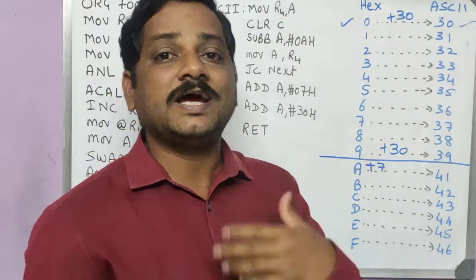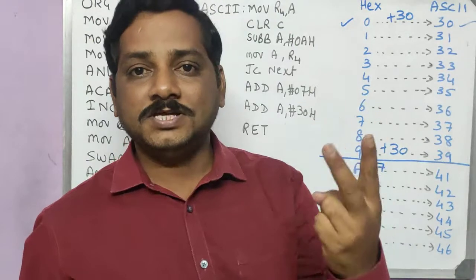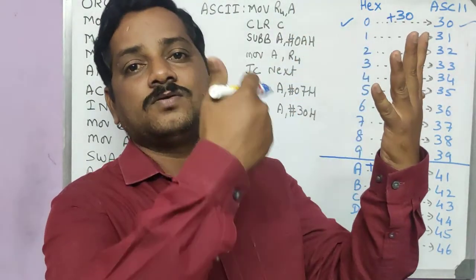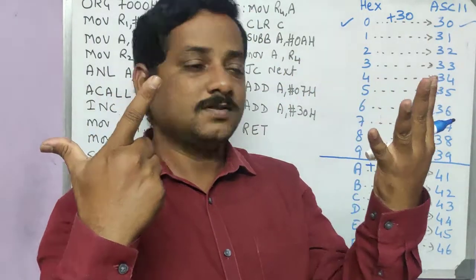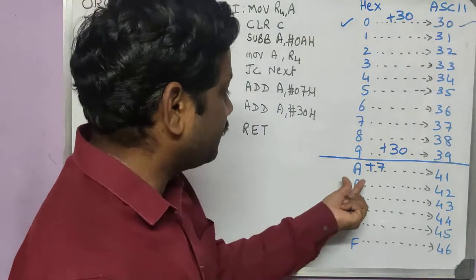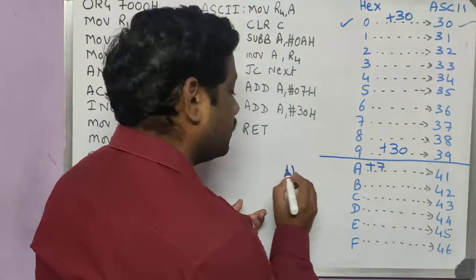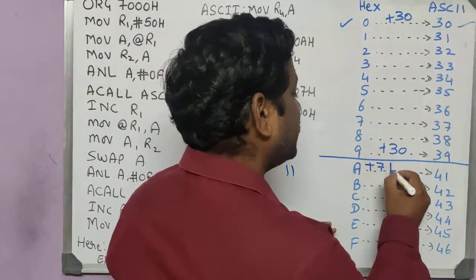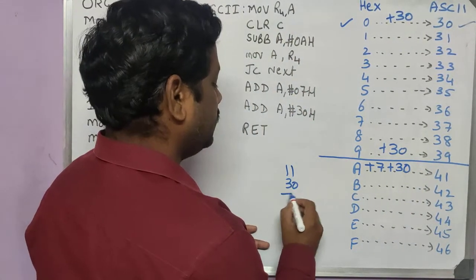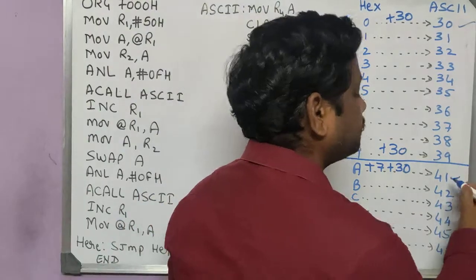After A, you add 7 numbers: B, C, D, E, F, 10, 11. So 7 numbers I added, and what you got is 11. So A plus 7 gives you 11. Then for that result you add 30: 11 plus 30, you get 41. I got the number.